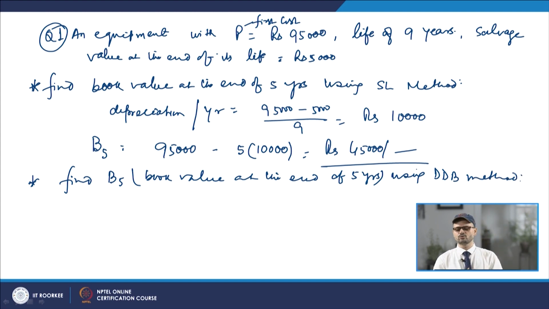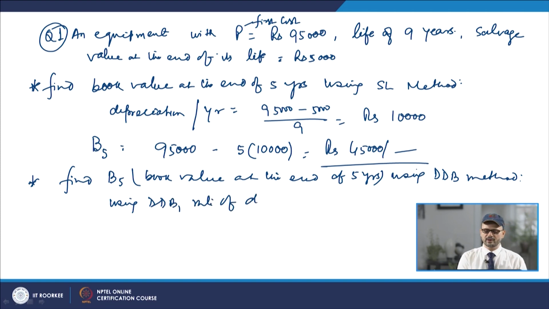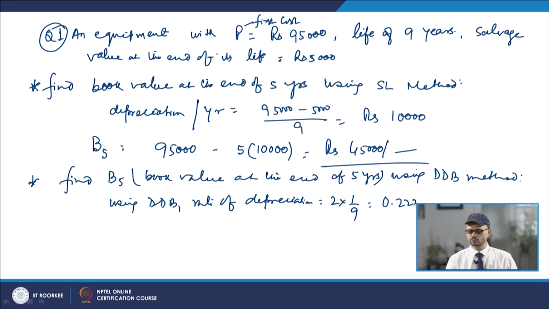We know that the life is 9 years. Using DDB, your rate of depreciation will be 2 times the reciprocal of the life of the asset, so 2 by 9, which is 0.2222. This is your alpha.